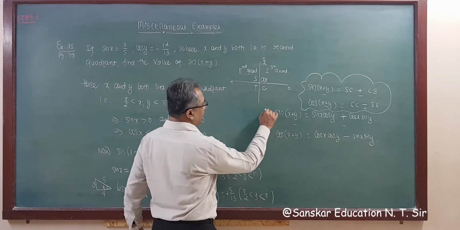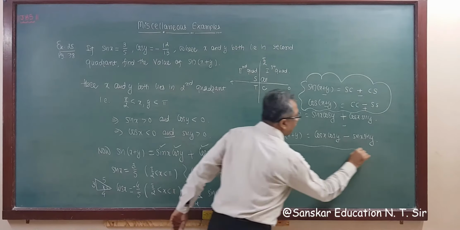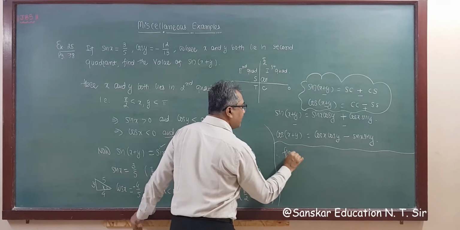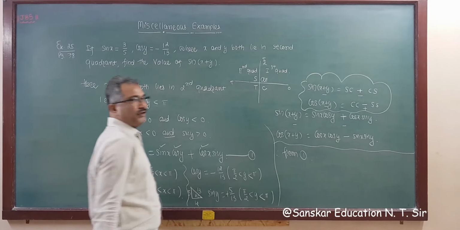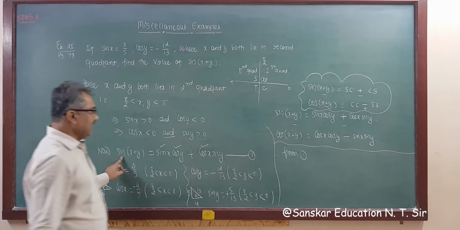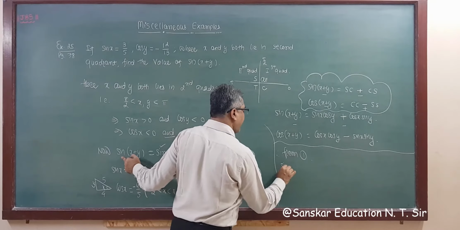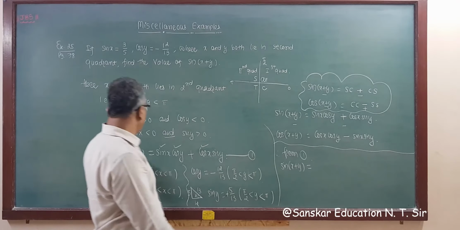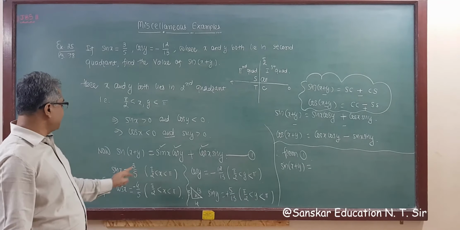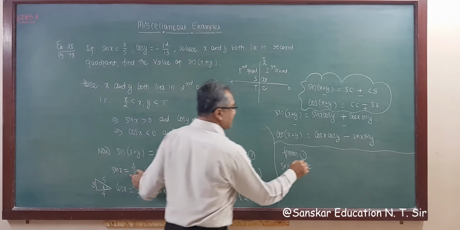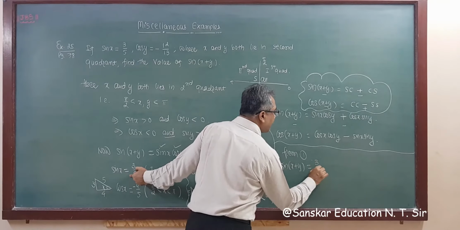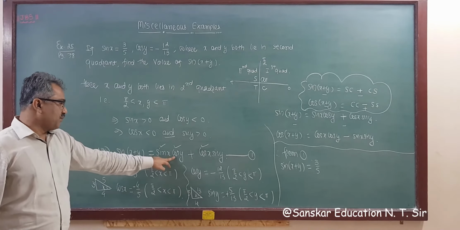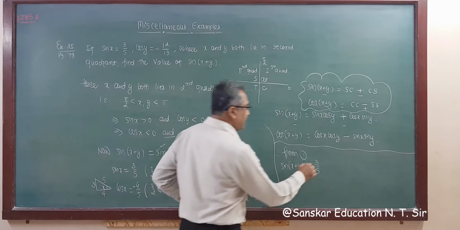So this is your explanation. Therefore, from 1, what do we get? Sin(x plus y) is equal to sin x, and sin x is 3 by 5, times cos y, minus 12 by 13.